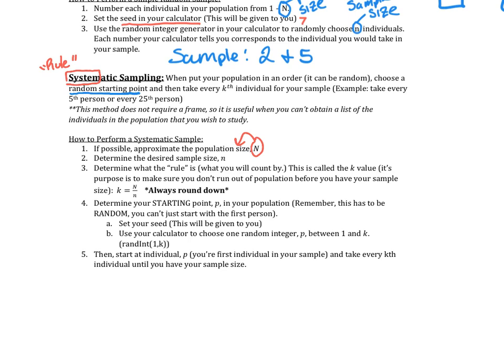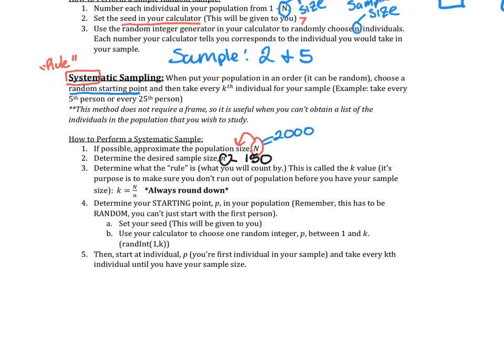Let's say that if we're talking about the Walmart example, let's say we can estimate that there's going to be 2,000 people going into Walmart that day. And we want to sample 500 of them. Actually, that's too many. Let's do we want to get 150 people to sample.